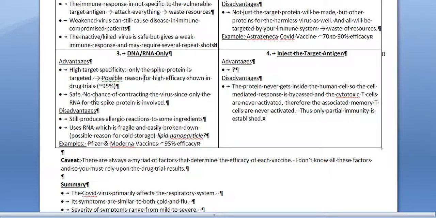So it's safe, because you're not injecting any other DNA. There's no chance of getting the virus, because you can't make the virus with only a spike protein. You know what I'm saying?